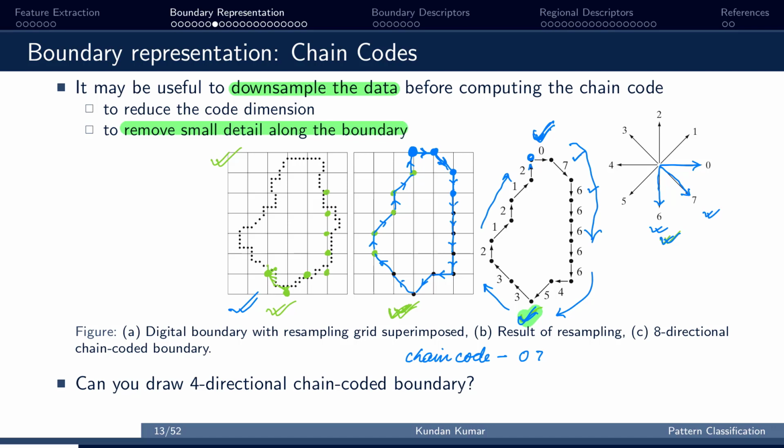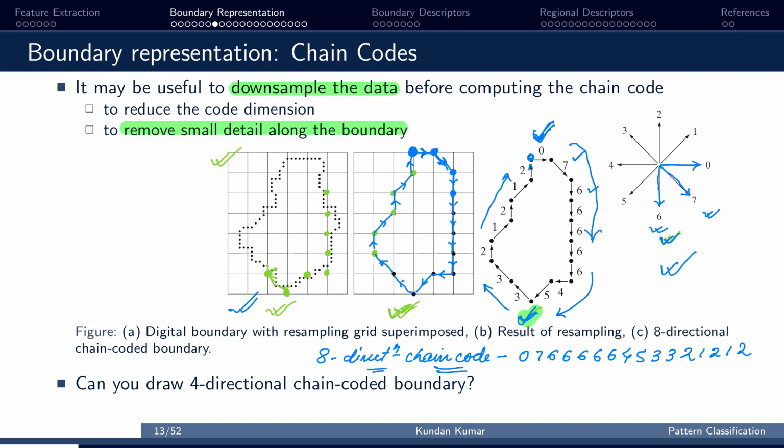So this will be 6, 6, 6, 6, 6, 4, 5, 3, 3, 2, 1, 2, 1, 2. This is our chain code. Can you write the 4-directional chain code? This is basically the 8-directional chain code, because we have used the 8-directional encoder.